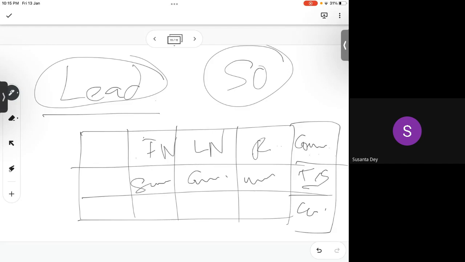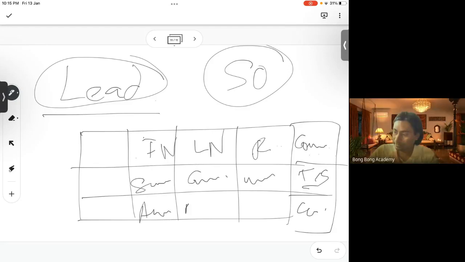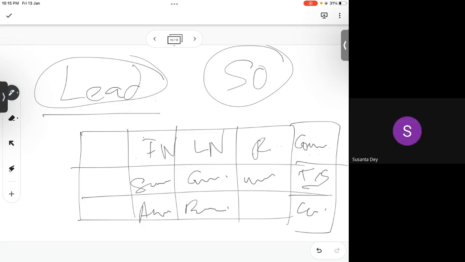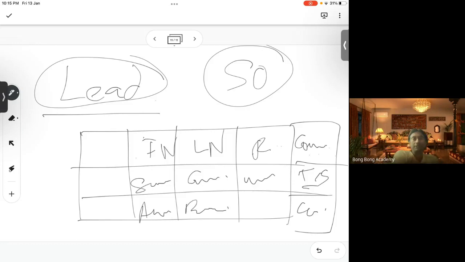So this is managed by another lead, but both work in the same company. So what is the relationship between this and contact? Both of them can work in the same company. No problem.